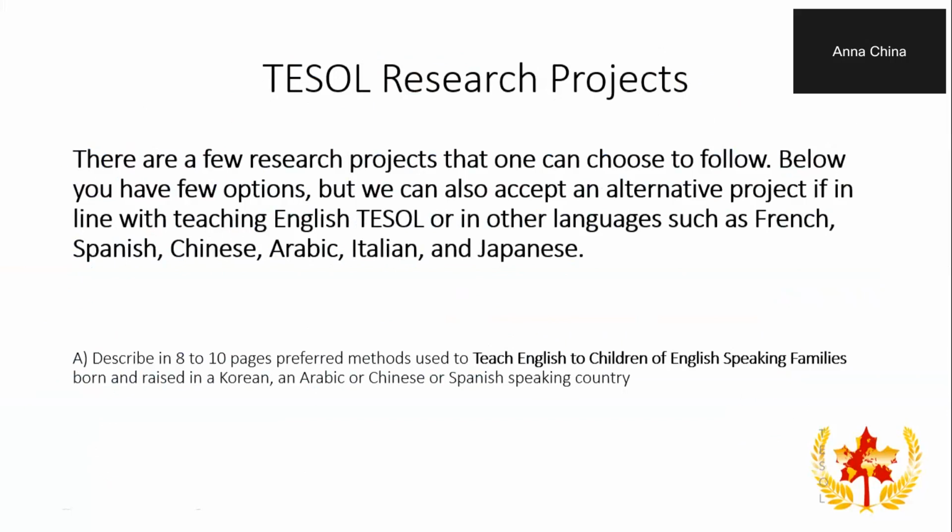You'll have to check with Dr. Siavash how to organize it if you're writing in a different language, or obtaining your certification for a different language, if not English. The first prompt is to teach English to children of English-speaking families, born and raised in a Korean, an Arabic or Chinese or Spanish-speaking country.